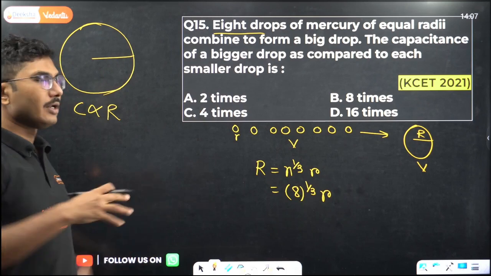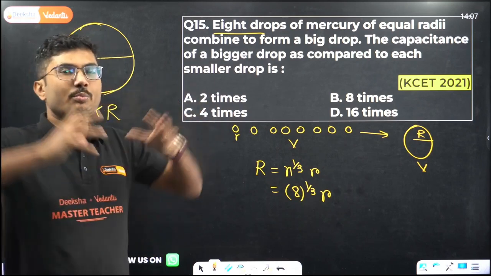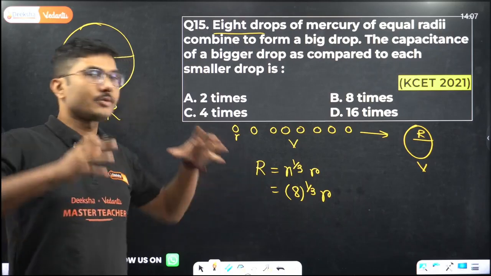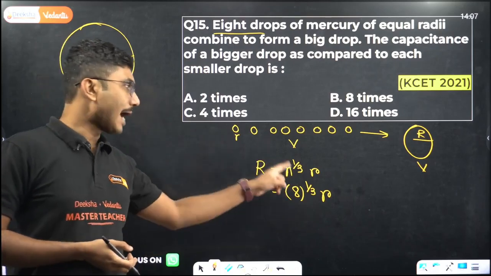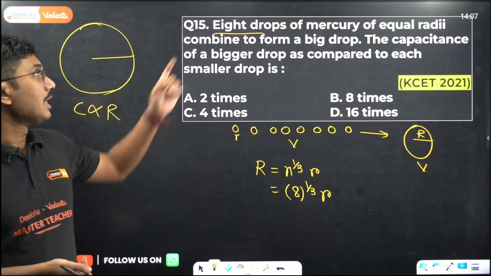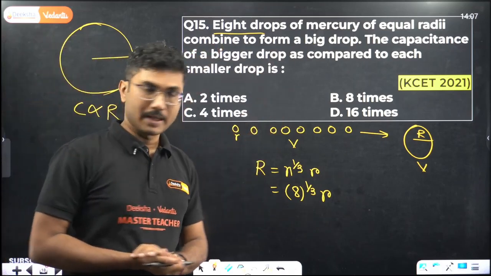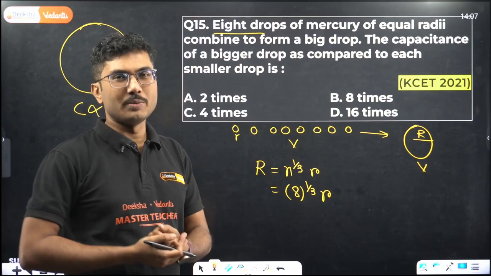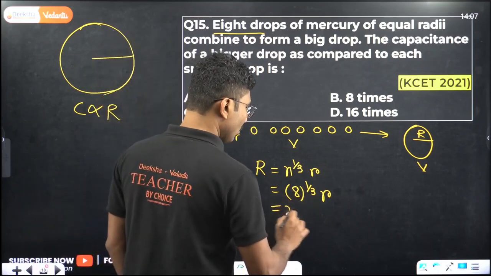So when smaller spherical objects are merging to make a bigger sphere, the radius of the bigger sphere is given by how many spheres are merging, to the power 1/3. If instead of 8 it was 27, you have to use 27. Generally they give a perfect cube number so that you can take the cube root. So cube root of 8 is 2, into r.